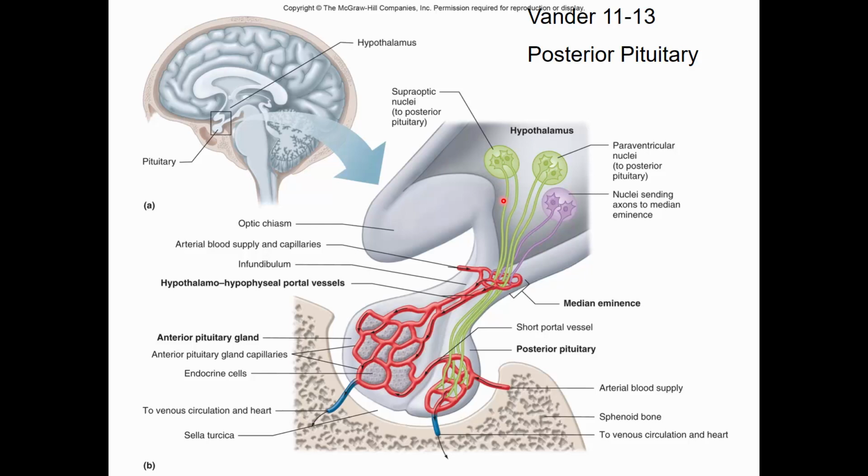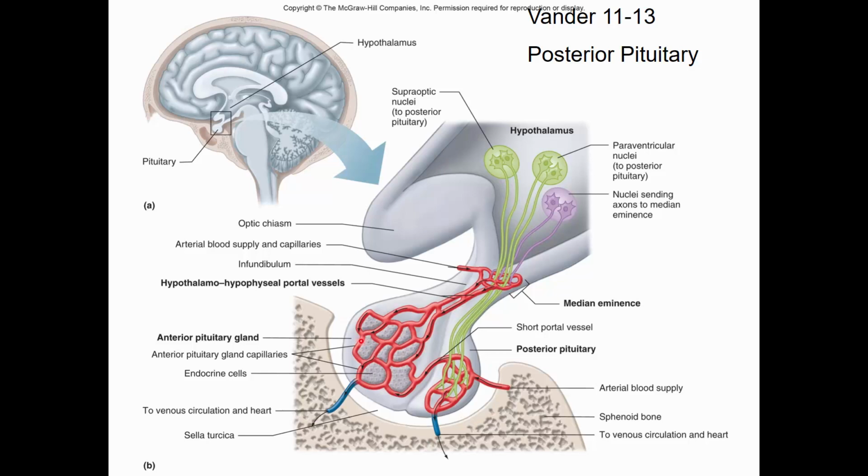Long axons project through the stalk between the hypothalamus and the pituitary, and they then project to the posterior pituitary, synapse on capillaries, and then ADH or oxytocin are released into the venous blood. The venous blood takes oxytocin or ADH through the venous system to the right heart, through the lungs, to the left heart, and then to the systemic system where those hormones will find target cells and their receptors.